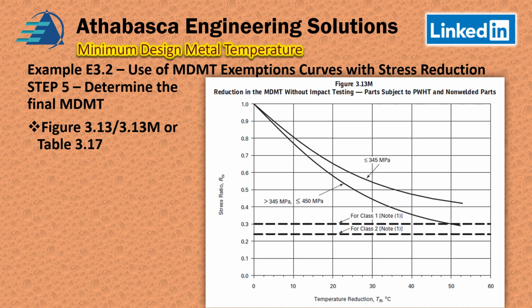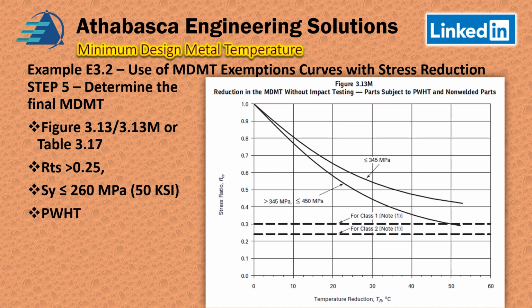We're examining non-welded parts in this example. So we'll continue here. Our RTS is greater than 0.25, and our yield stress is less than 260 megapascals, or 50 ksi. This is what we'll have to work with.